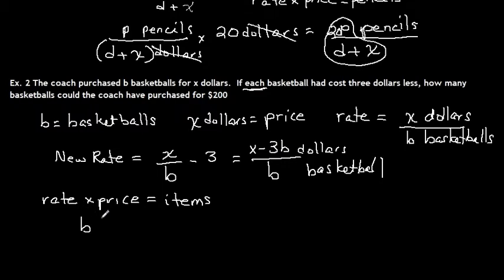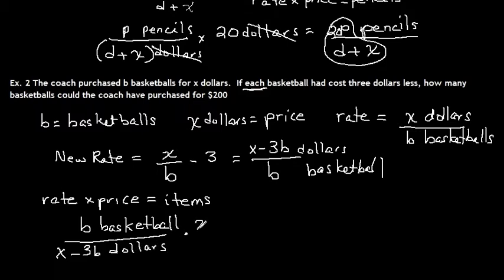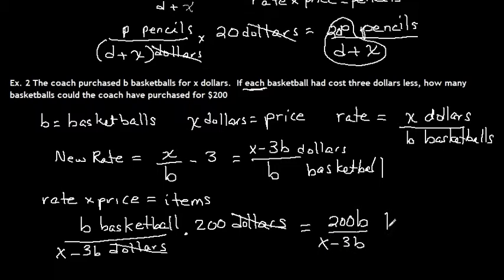So I'm going to have B basketballs over X minus 3B dollars times our price, which would be $200. Can you see why I flipped it around? Because I want basketballs to be the answer. I don't want dollars in it. So the dollars are going to cross out, and we just multiply straight across. So we're going to get 200B over X minus 3B, and it's going to be basketballs.